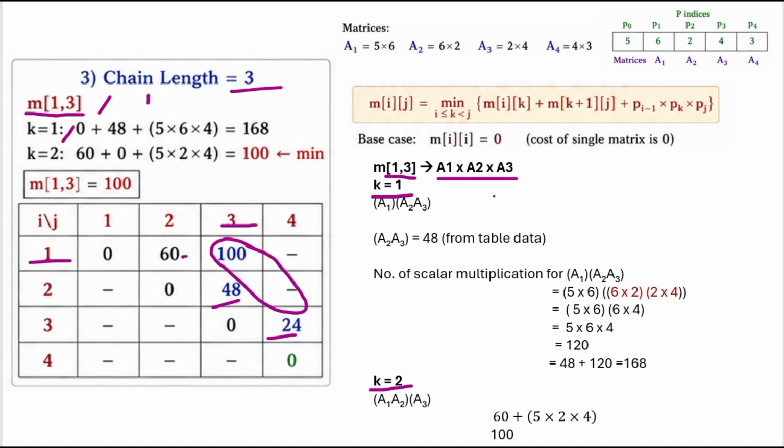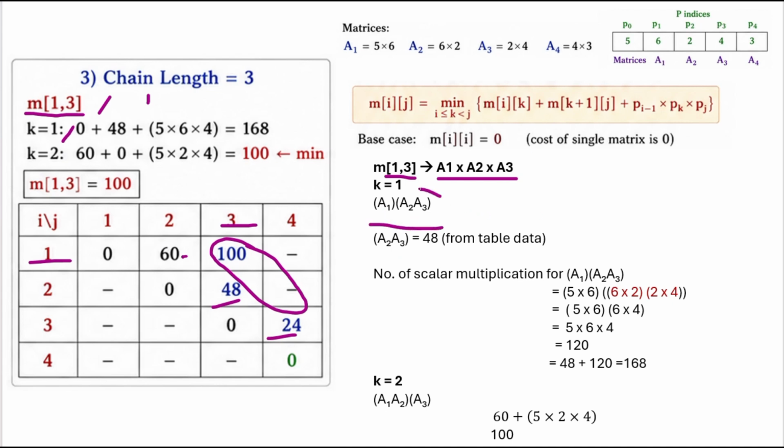If we split here, we perform this first and next multiply this resultant matrix with A1. Clear? If you take k2, we split at this part and first perform A1 with A2 multiplication, and this resultant matrix is multiplied with A3.